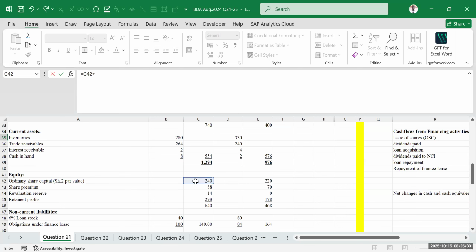Then onto it, I add share premium. Remember, guys, share premium goes hand in hand with ordinary share capital because premium arises when you issue shares at a price above the par value. So they are sisters. The same way deferred tax is a sister to current tax, this share capital is a sister to share premium. Let them go together.